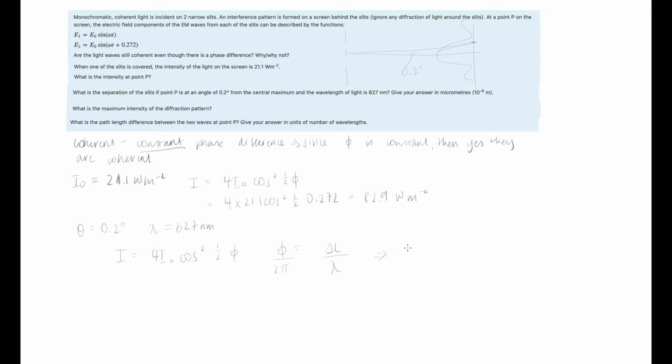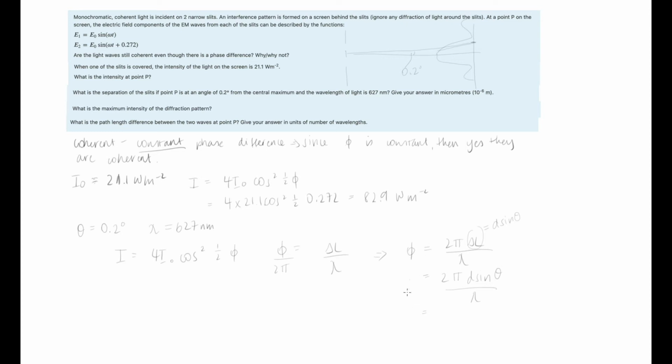So therefore, phi is given to us by 2 pi delta L divided by lambda. Now, assuming that this is a small angle, which it seems to be, we can say that delta L equals d sine theta. And that's how our theta comes into it. So we have 2 pi d sine theta divided by lambda. And then what we can do is just solve this function here for d.